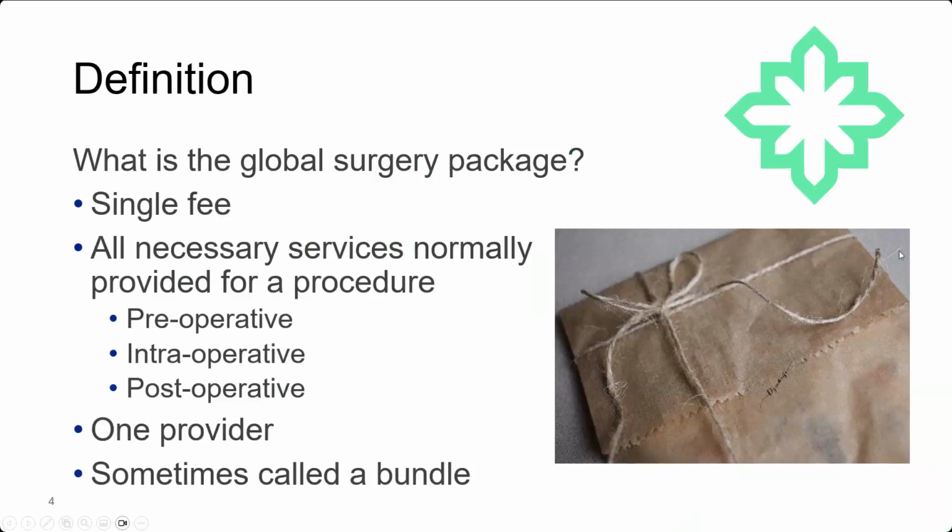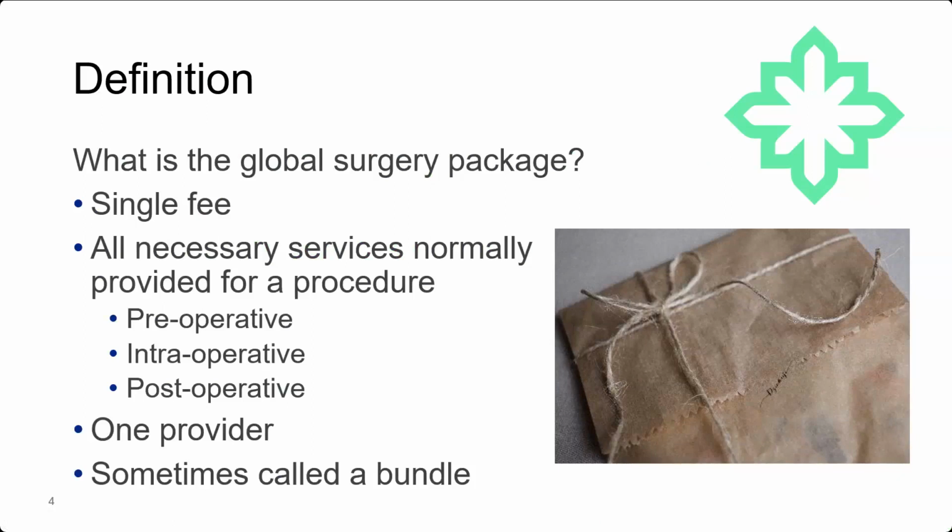All right, so what is the global surgery package? This is a single fee based on the surgical code. And there are certain things that are included within that single fee. That's what the relative value units, which create the dollar amount in the CMS files, work together to create.